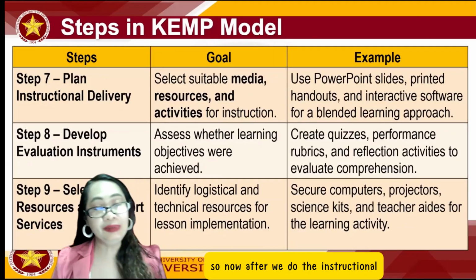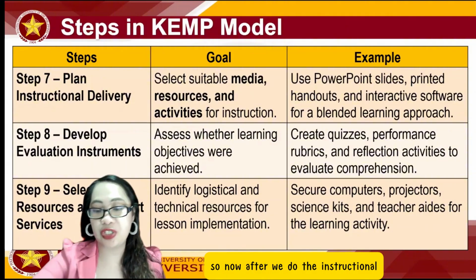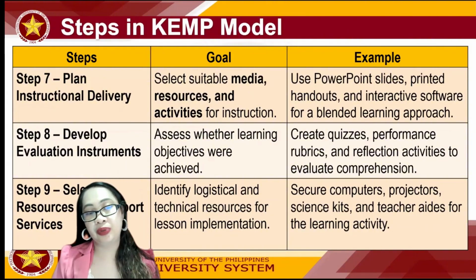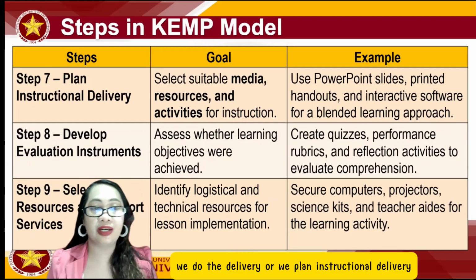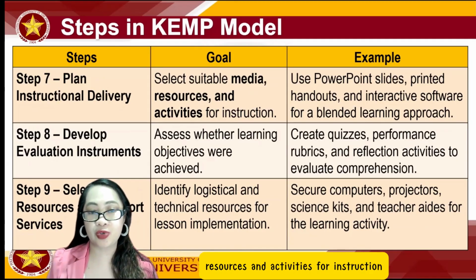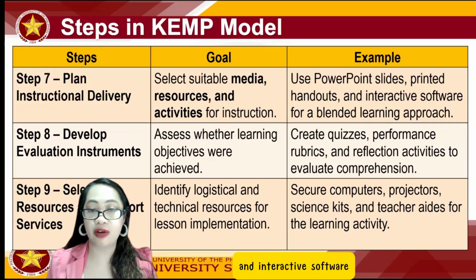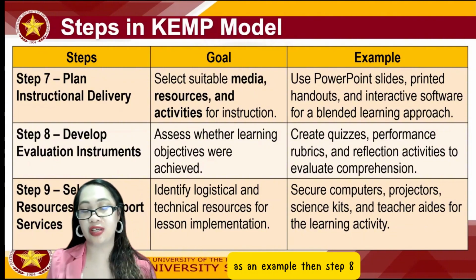So now, after we do the instructional planning, we do the delivery, or we plan instructional delivery as step 7. We select suitable media, resources, and activities for instruction. We use PowerPoint slides, printed handouts, and interactive software for a blended learning approach, as an example.